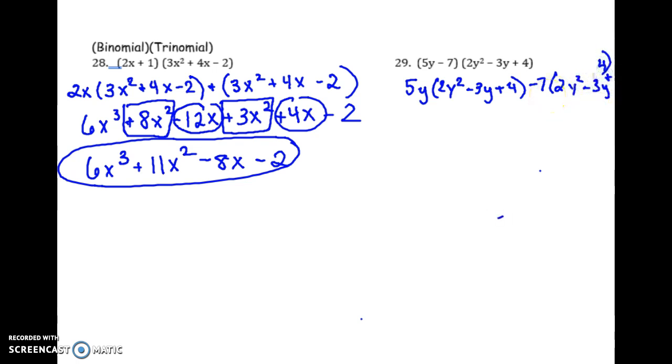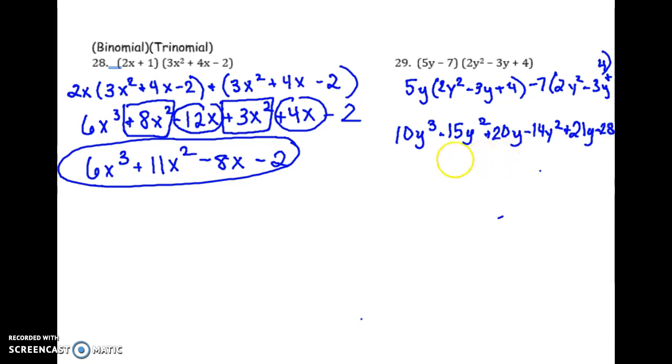So when we did this one, we'd get 10y to the third minus 15y squared. 5y times 4 is plus 20y. Now I've got a negative 14y squared and a positive 21y, and then we've got negative 7 times 4, which would be minus 28.